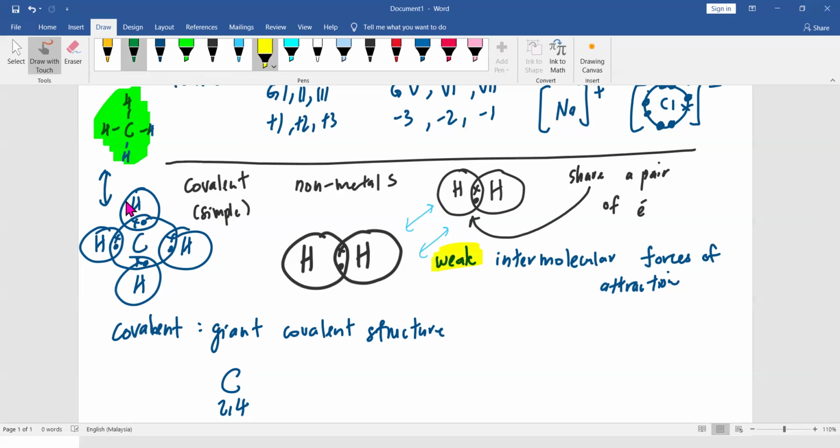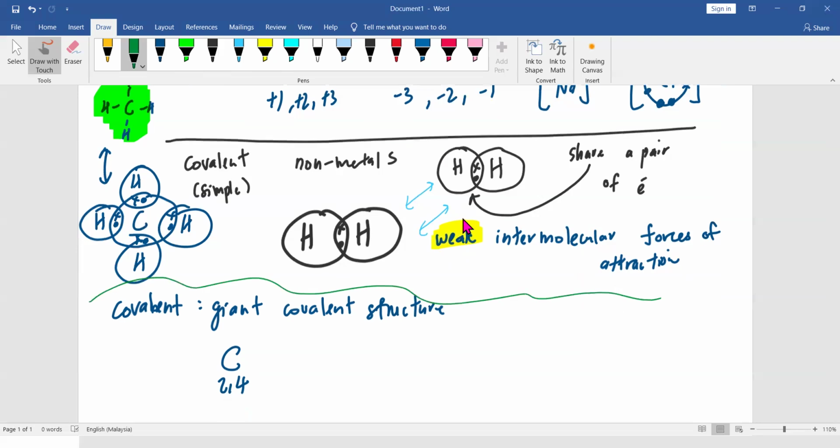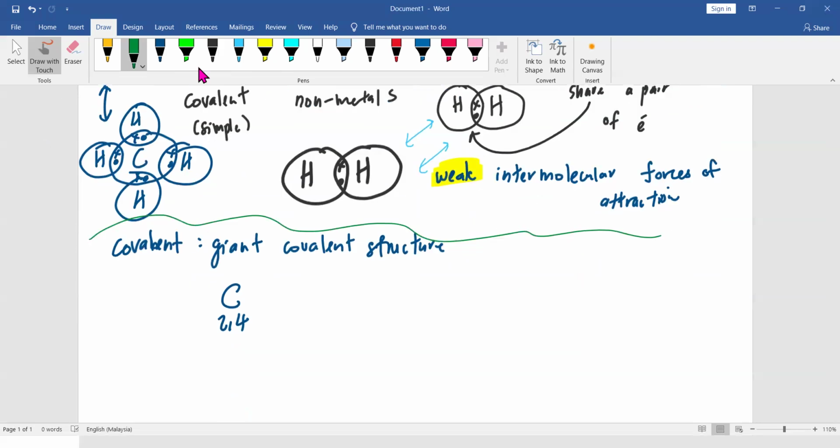So what happens in giant covalent is something different. Each carbon has 4 bonds. Then each carbon bonds with another 4 carbons. Now, one carbon must have how many bonds? 4.